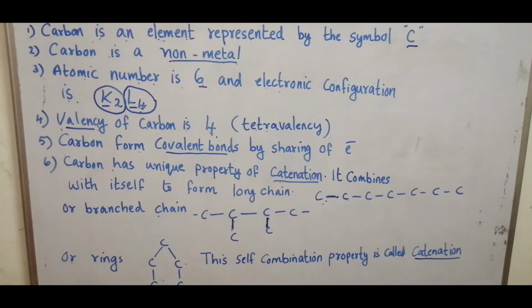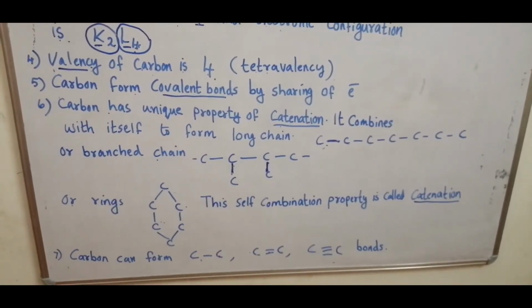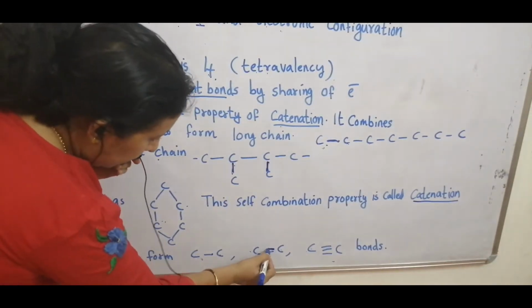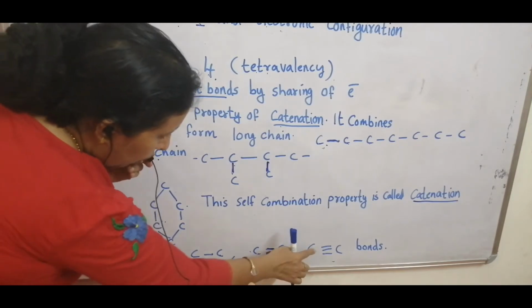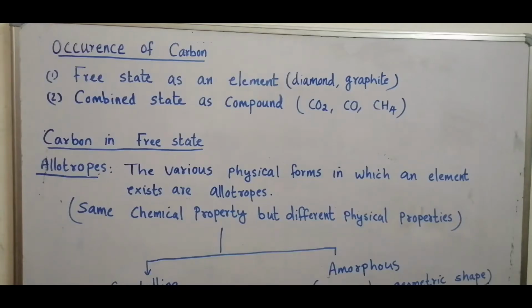This self-combination property is called catenation. Carbon can also form carbon-carbon single bonds, carbon-carbon double bonds or carbon-carbon triple bonds. Catenation and tetravalency of carbon put together give rise to millions of compounds.